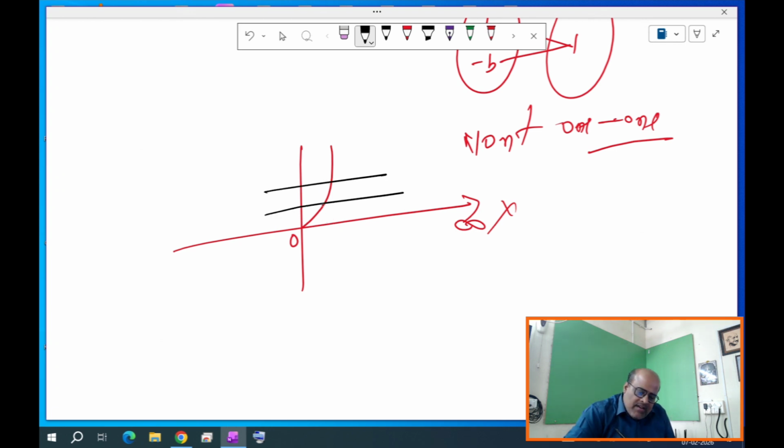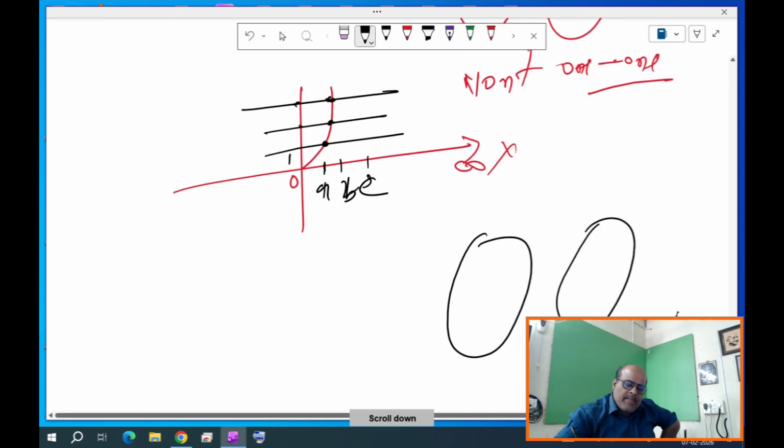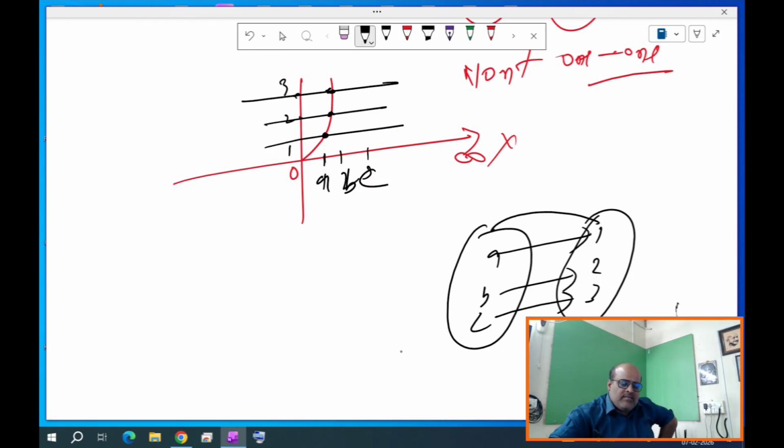You can see that the line cuts the curve at a single point. Suppose the domain value is 1, we get it at 1 only. At 2, only once. At 3, only once. Or A, B, C: a single cut point for every domain value. So it is unique and distinct. Suppose three cut points A, B, C give 1, 2 and 3. So at A we get 1, at B 2, at C 3. So this is 1-1.